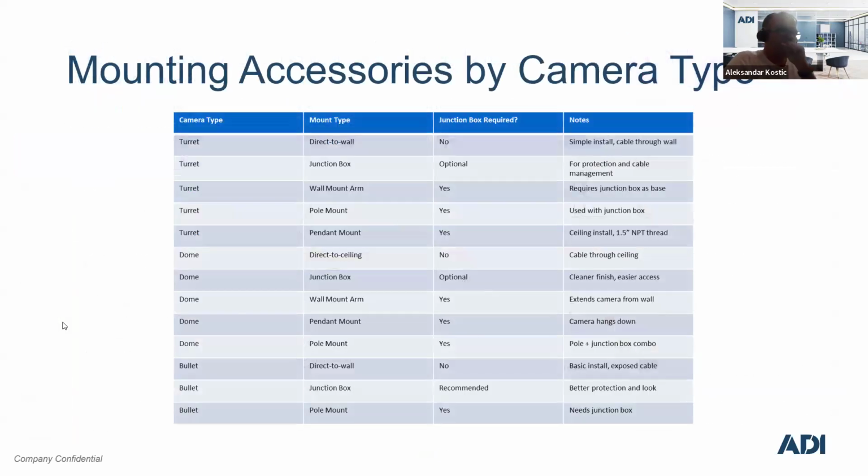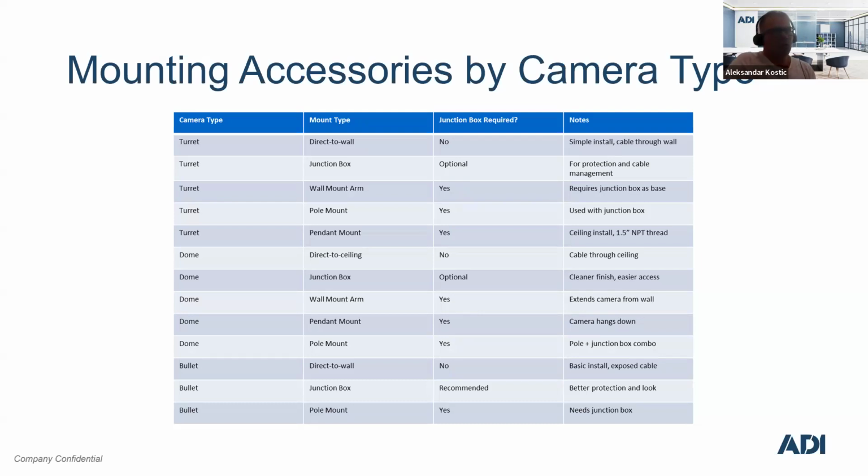So when we speak about installation, of course, when installing the camera, you would need the proper camera mounting bracket for that camera. We have different camera mounting brackets available, depending on the form factor and depending on the way it is installed. We have typical mounting bracket sets.